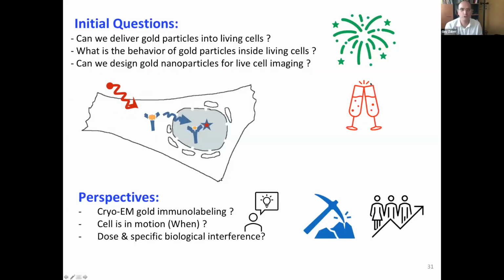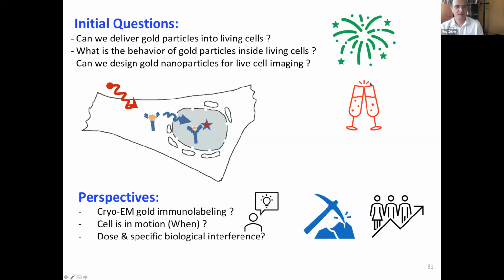So I just want to conclude. The initial question was, can we deliver gold particles into living cells? Yes. If you coat gold particles with polyethylene glycol, and if you treat them well, they can diffuse inside the cells, and you can equip them with materials that bind to a target.